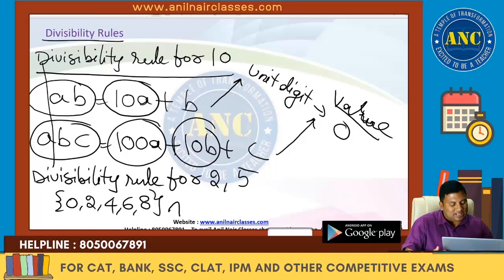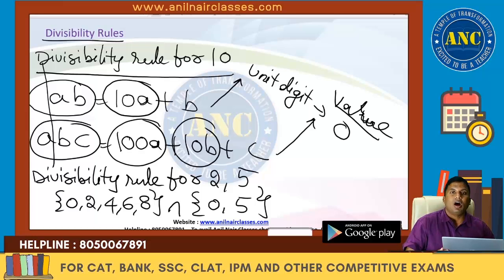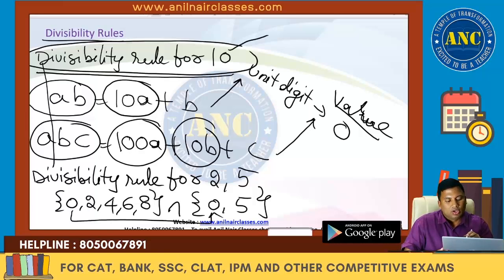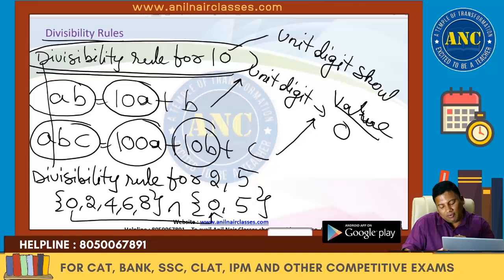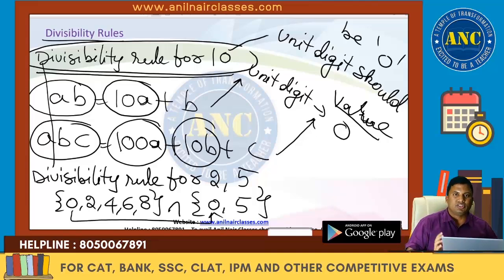Intersection. What is the divisibility rule for 5? The unit digit should be 0 or 5. What is common in both? Common in both is 0. That means the divisibility rule for 10 is that the unit digit should be 0. I hope it is clear. Everything we will do by using proofs.